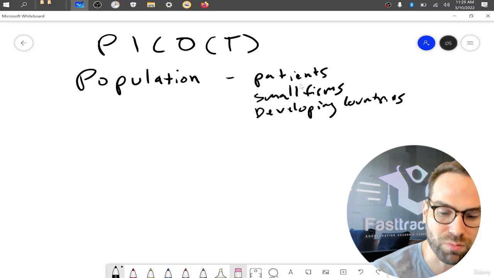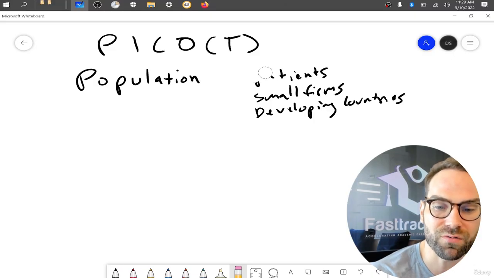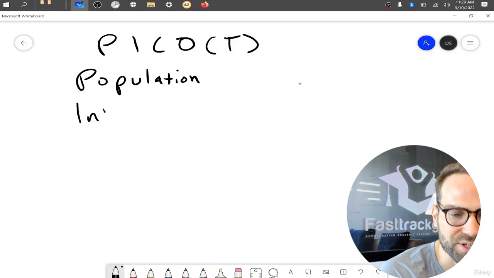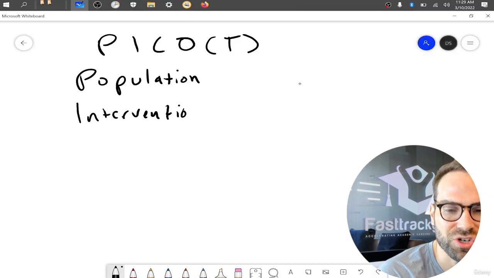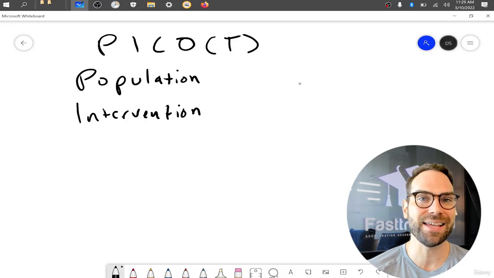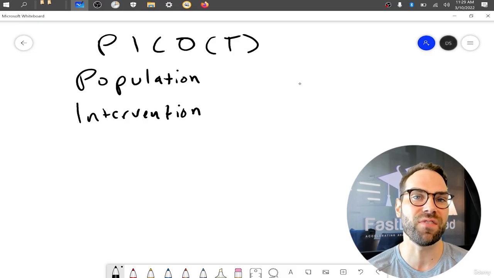I'm going to erase that, but one element you're going to want to define for your topic is which population you are looking at. The second is intervention. I don't want you to get confused with the terminology, but this is basically the independent variable or exposure variable that you're looking at.